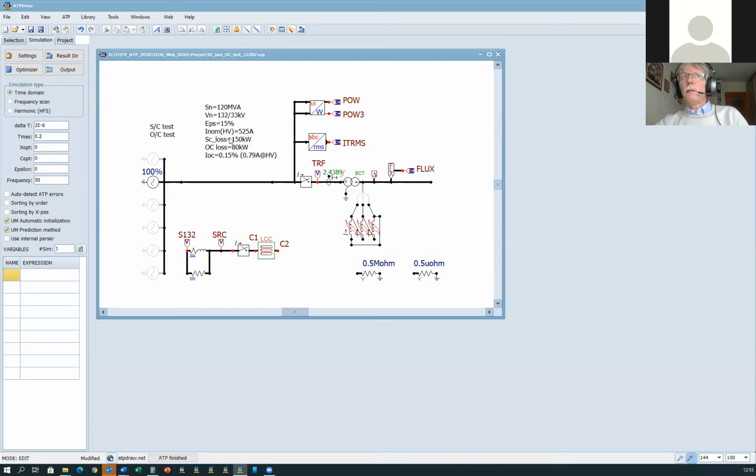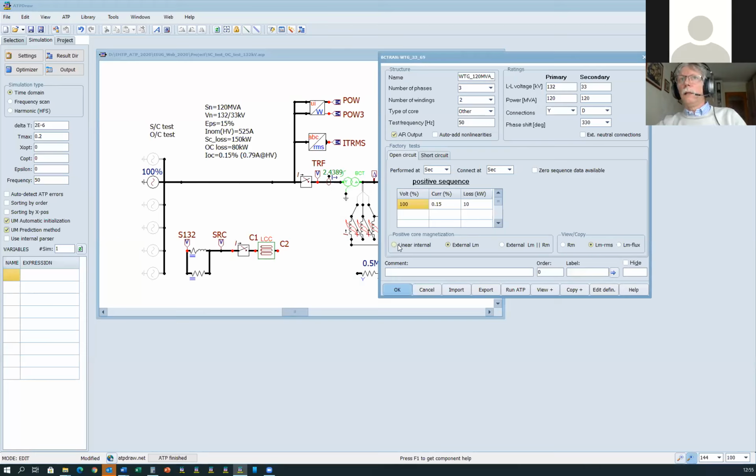Because this measurement is made at nominal voltage, you may expect that the transformer core could be linear or doesn't saturate significantly. So you must be able to reproduce this test by using a linear transformer model. So now you can switch the linear option on.